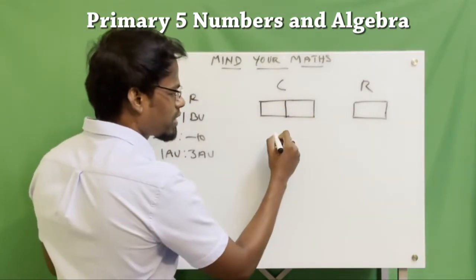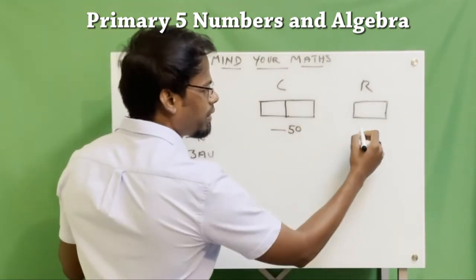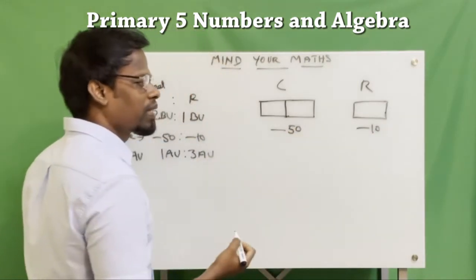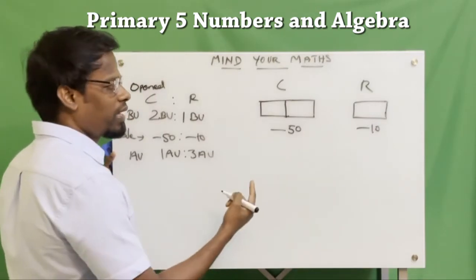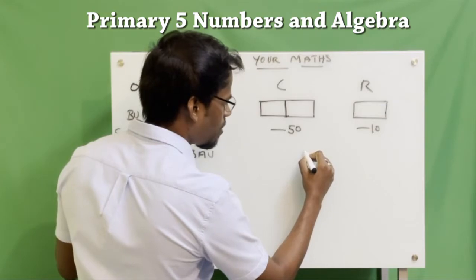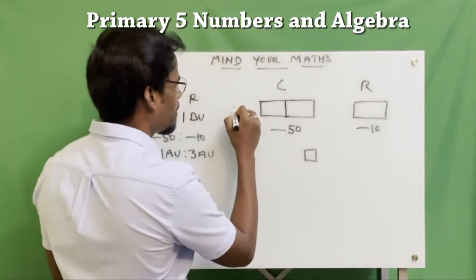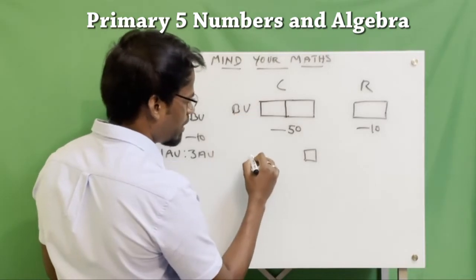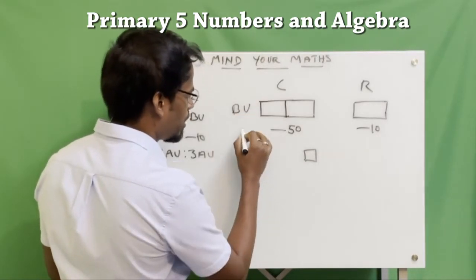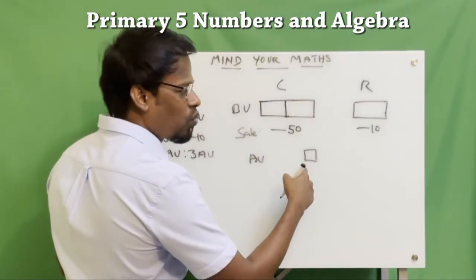Now there was a sale of 50 here and 10 here. After the sale, this became 1 unit, this one is BU, and this one is AU, this one is sale.